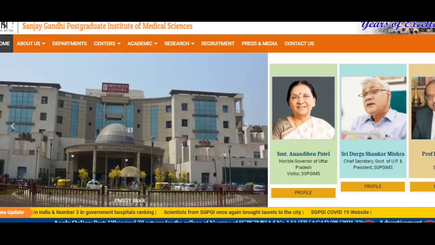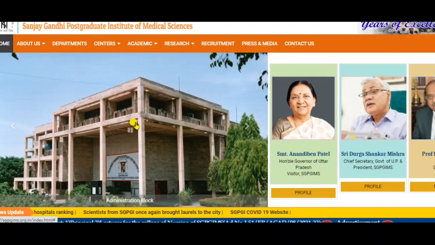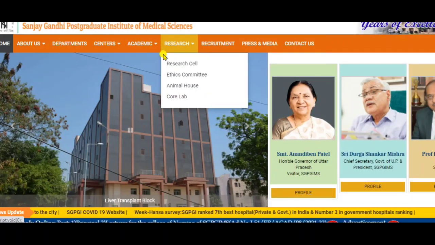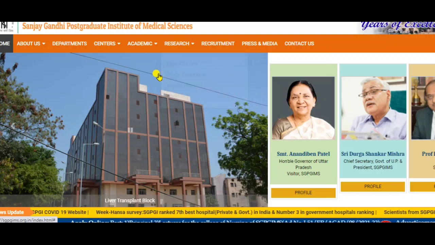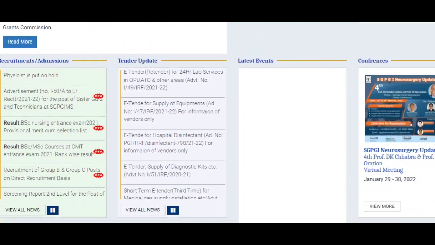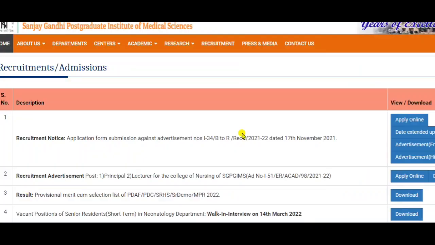Before that, many candidates have doubts because they cannot fill the online application for the sister grade post at Sanjay Gandhi Postgraduate Institute of Medical Sciences. The sister grade 2 link is still not activated. In the recruitment and admission section of the website, click view all the news.